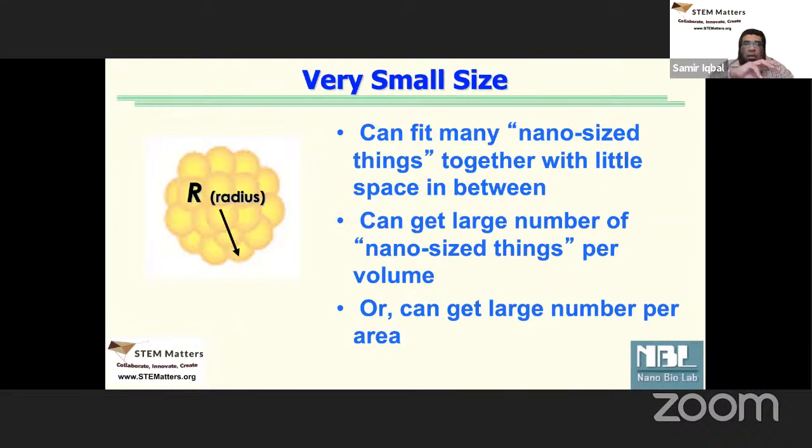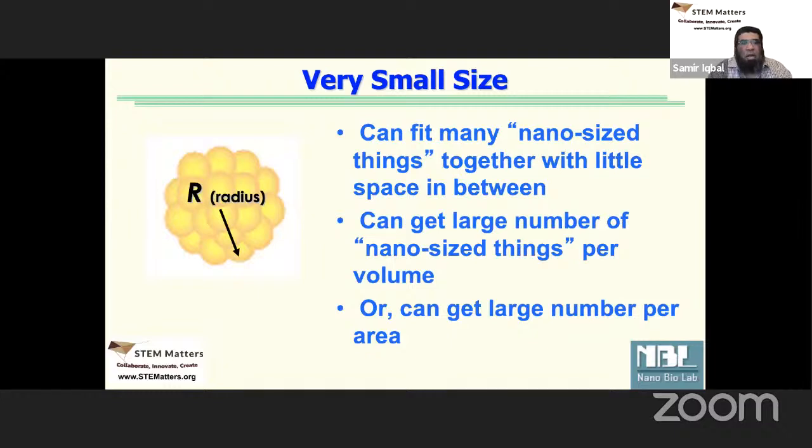When we talk about very small size in nanotechnology, it may not be one material chopped into small pieces. It may be other types of materials, but the goal is to make things that are highly reactive, whether that is burning, melting, or whatever happens with those molecules available on the surface.